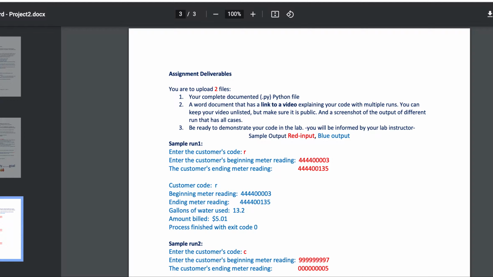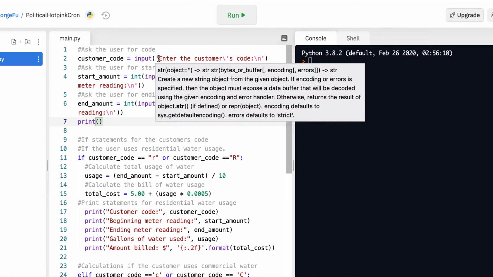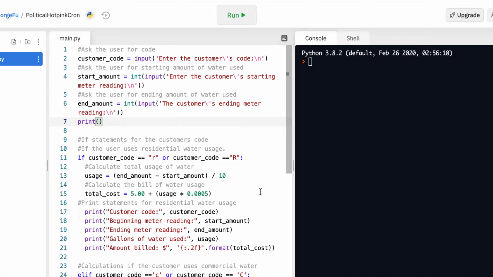So jumping into our code, I can walk you through each of the lines. Lines 1 through 7 are where the customer inputs all their information. Lines 1 and 2 are where the customer would input the type of code, basically saying if it's industrial, residential, or commercial usage for water, like the code letter. Then line 4 is where the customer inputs their starting meter reading, and the end amount is the same thing, where the customer puts in the ending meter amount.